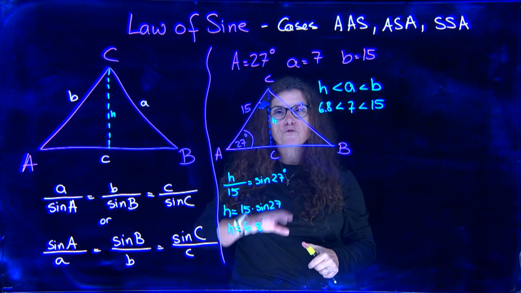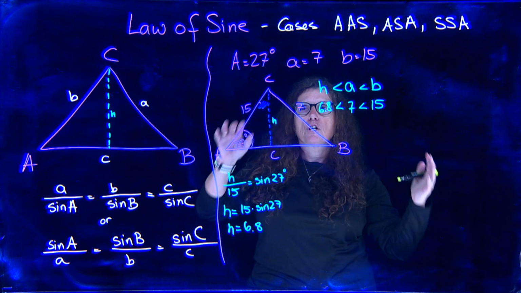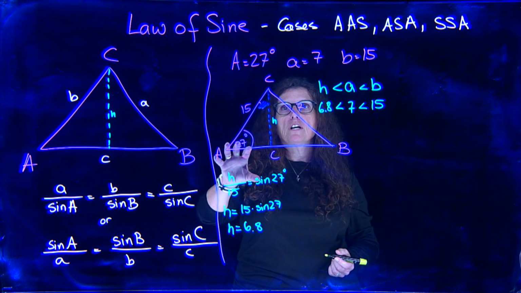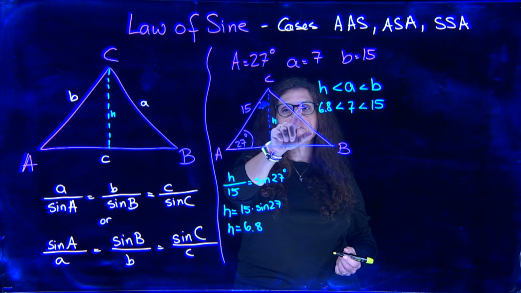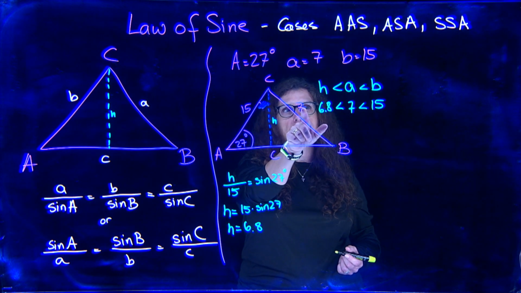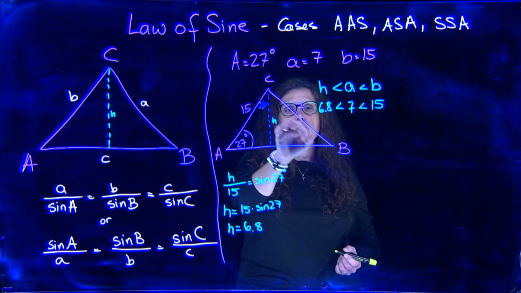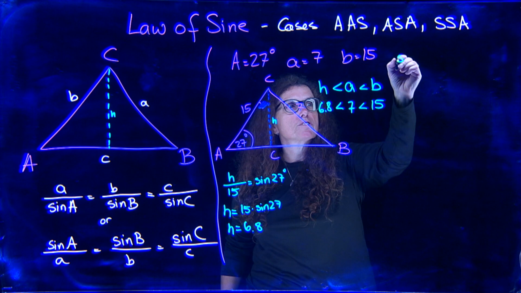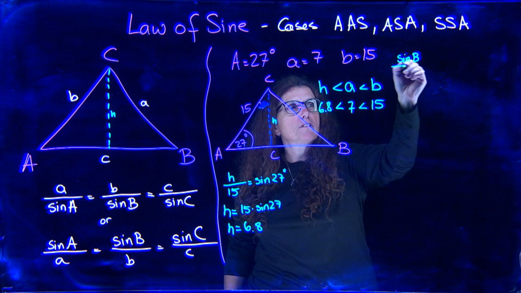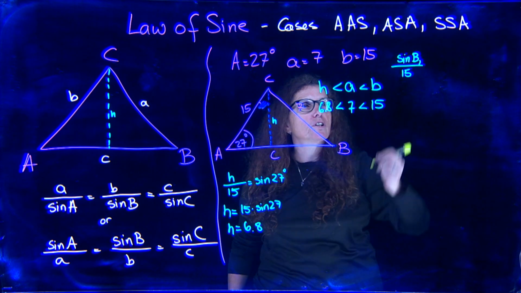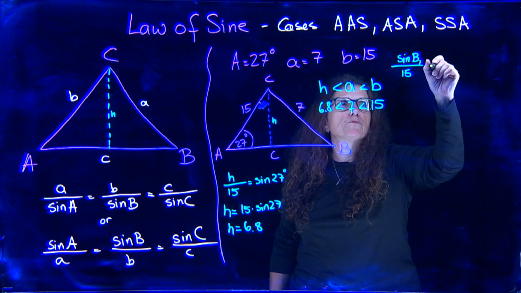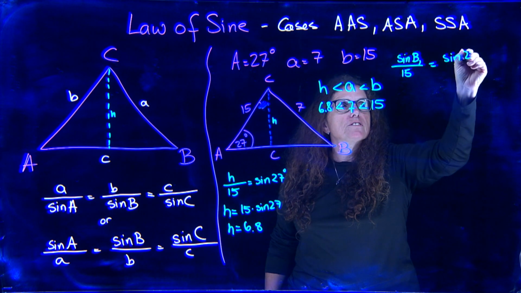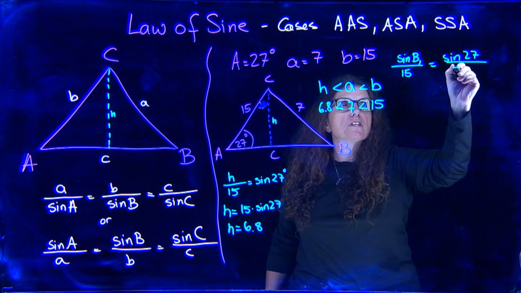So let's do the first triangle. Let's call it B1, C1, and so forth. Okay, what do we have given here? We have the angle, we have the height, the opposite side 7. We have B given, so let's find sine of B first. The sine of B1 over 15 equals the sine of 27 over 7.